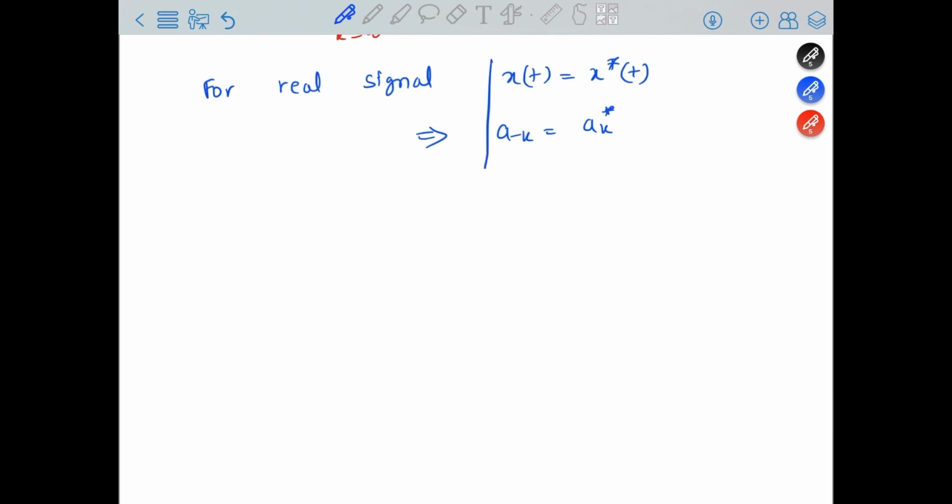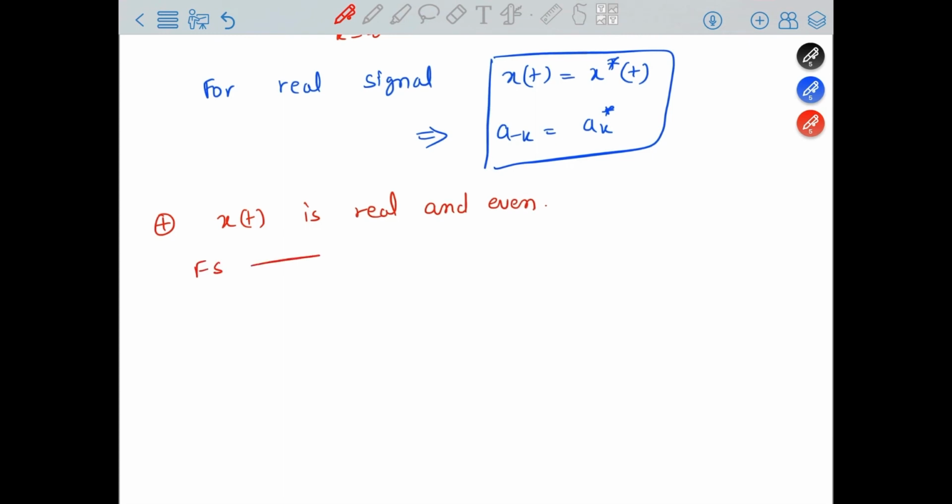So, this is a property for real signals, and we can try to merge two of the conditions also. Suppose x(t) is real and even. Then its Fourier series coefficients are also real and even.